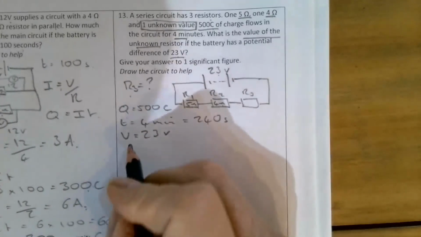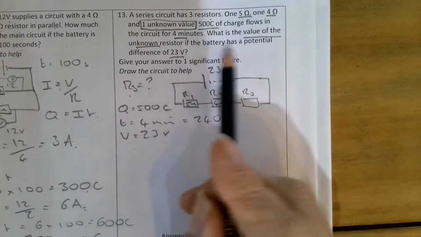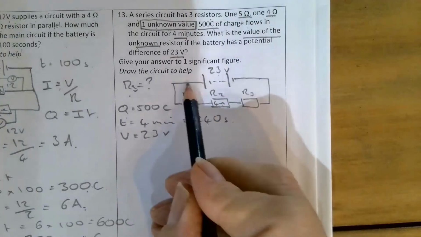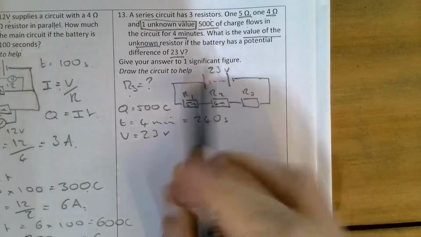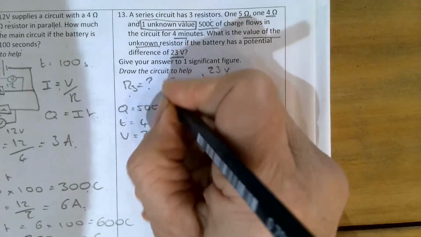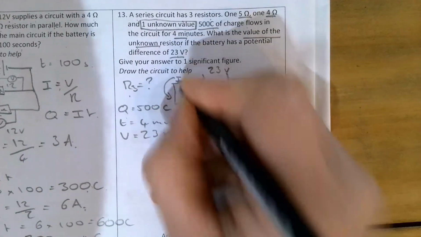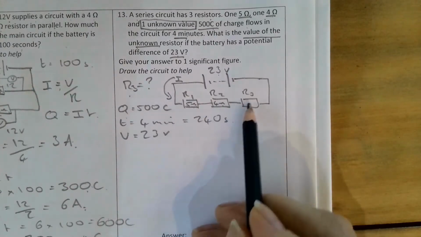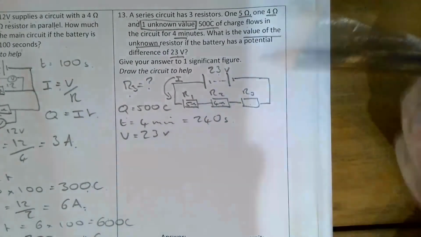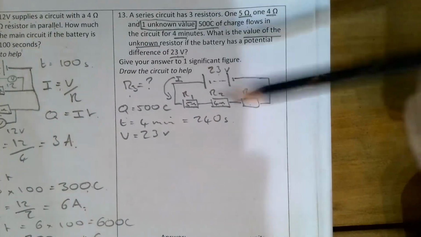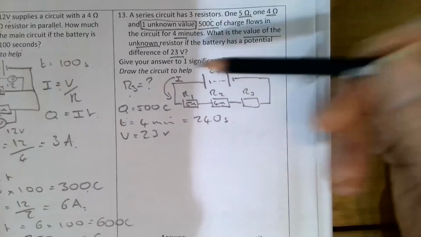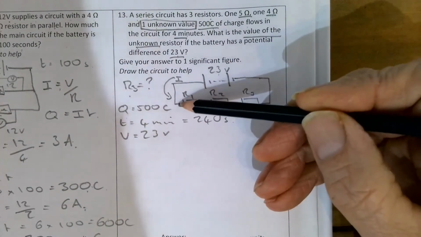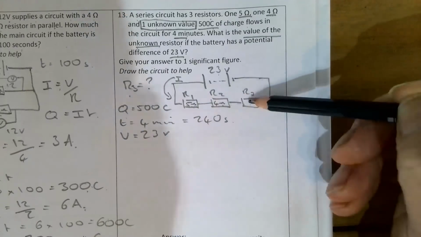I need to know, first of all, the current flowing through this circuit. It's a series circuit, so I can find the current flowing through this circuit, I. Then I'm going to know the current flowing through each of these resistors. If I know my current and my resistance, I can work out the voltage that's dropped across each of these resistors.